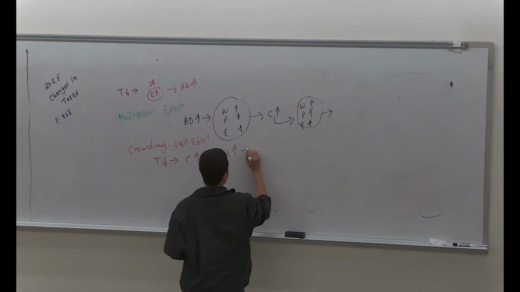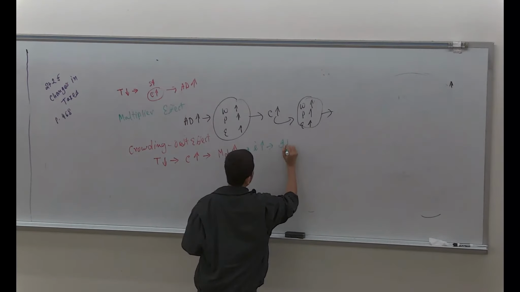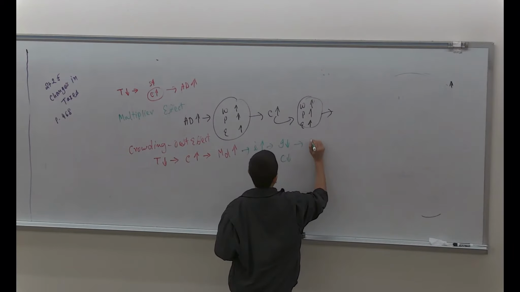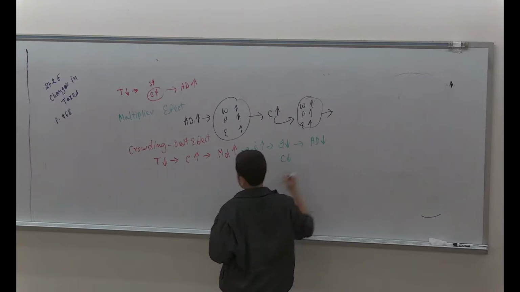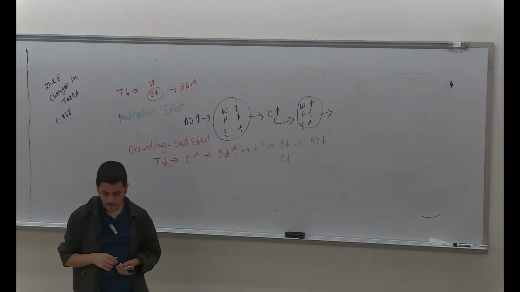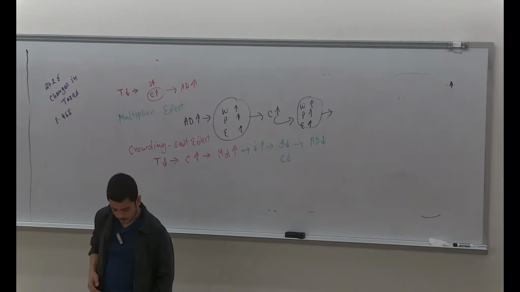So the interest rate will increase, and we know that when the interest rate increases, investment falls and consumption also falls, and then aggregate demand falls. So it is the same explanation, the crowding out effect and the multiplier effect, as the way we explained government purchases.